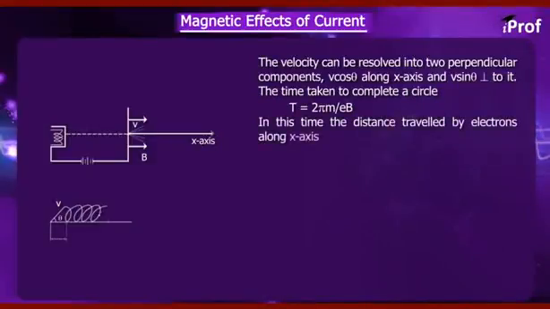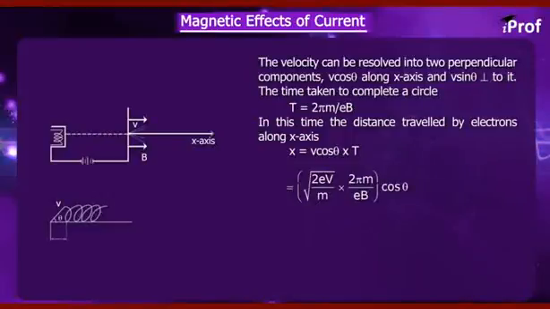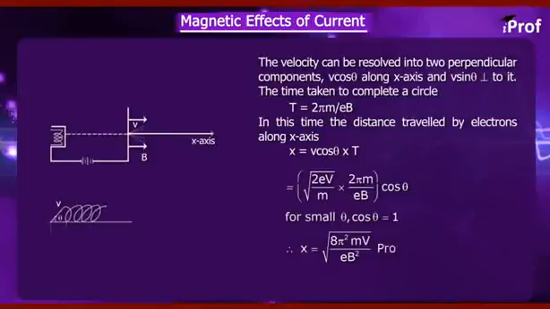In this time, the distance travelled by the electron along the x-axis is x equal to v cos theta times t, equal to square root of 2eV upon m into 2 pi m upon eB cos theta. For small theta, cos theta equals 1, x equals the square root of 8 pi squared mV upon eB squared.